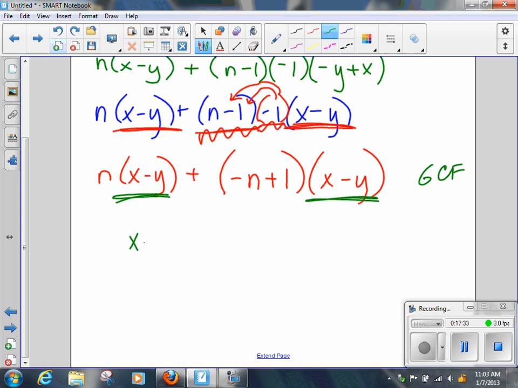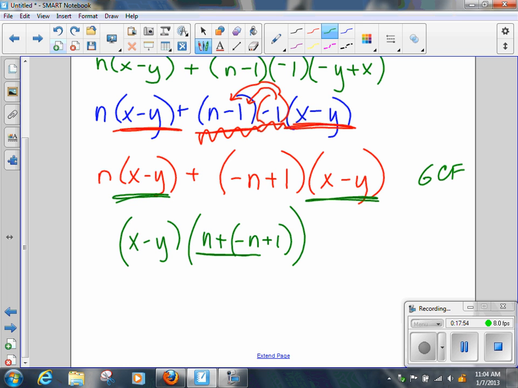Throw it out front. And what am I left with? I'm left with n plus negative n plus 1. Right? And look at that second set of parentheses. What's going on there, y'all?